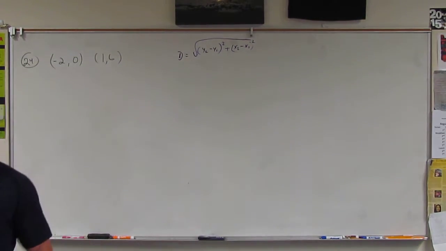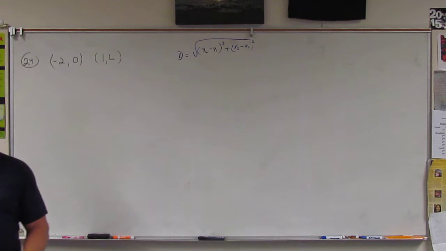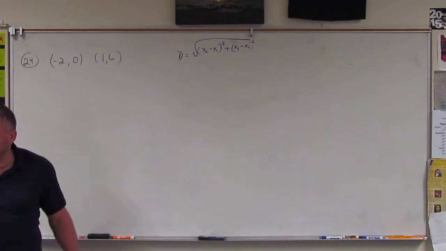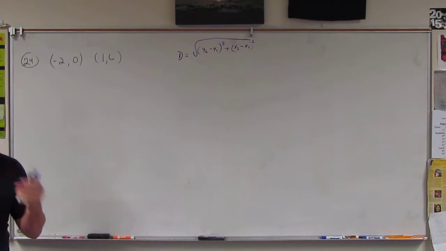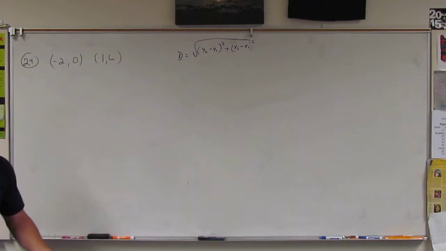Now, just like slope. Remember how with slope, I said flip it and smack it, right? Y sub 2 minus y sub 1 over x sub 2 minus x sub 1, right? That's the same as y sub 1 minus y sub 2 over x sub 1 minus x sub 2. Same thing.